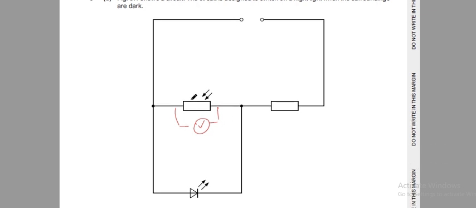where we have a light dependent resistor. This light dependent resistor should have a high resistance in dark surroundings because the lamp that will light on is a light emitting diode.